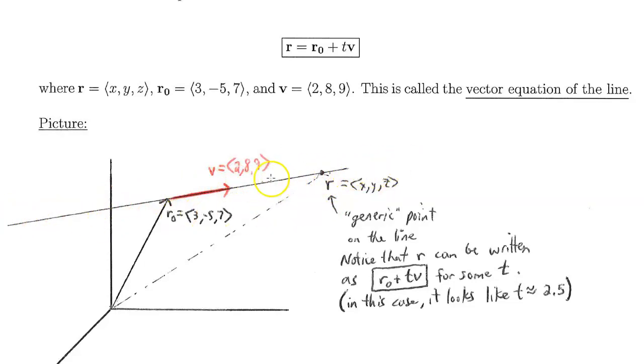This point xyz has the form r naught plus some multiple of v. It almost looks like we have maybe 2.5 of these v's. So for this particular point, r is equal to r naught plus 2.5 times v. But the point is any point along this line could be thought of as r naught plus some constant times v.